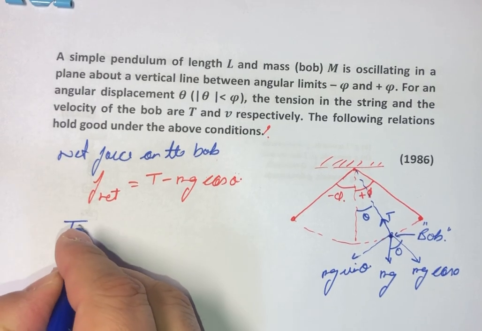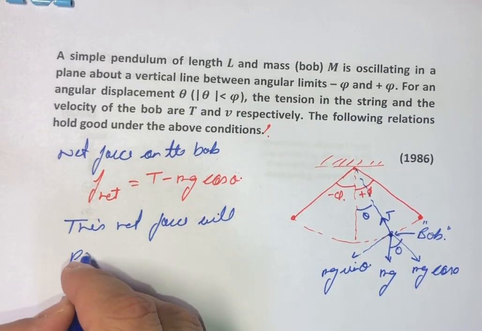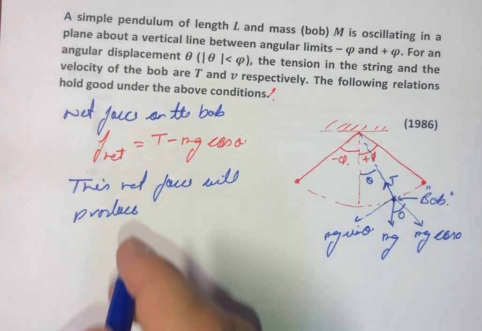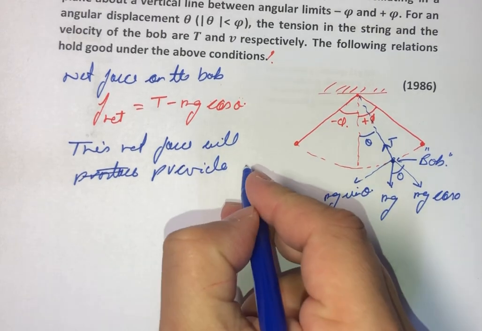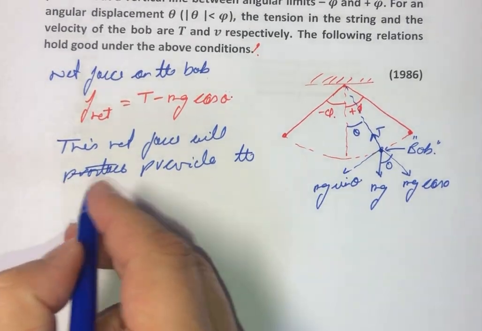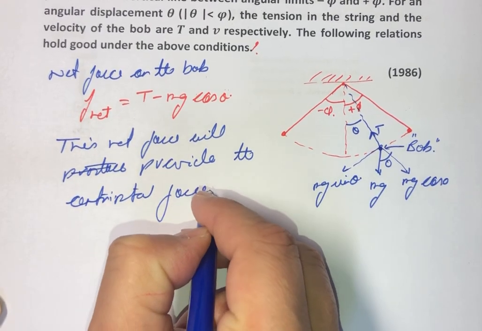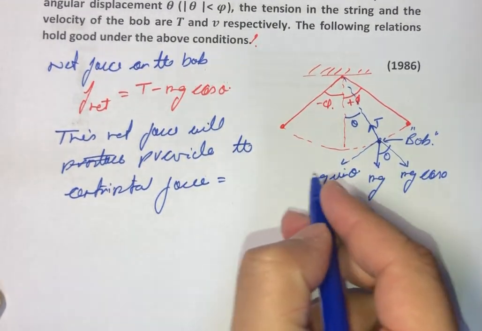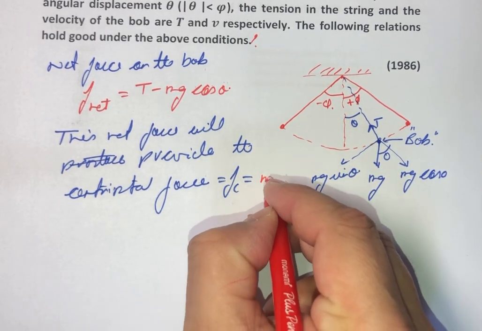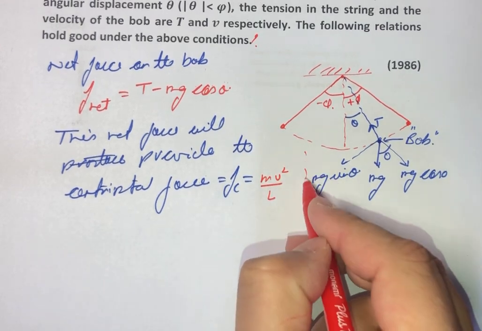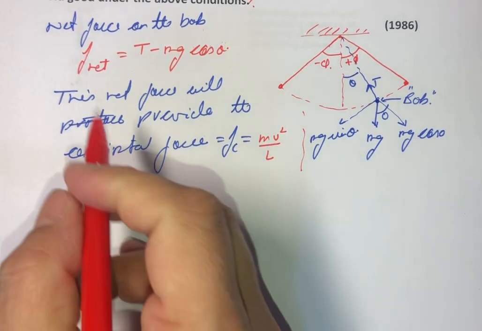You can see this net force will provide the centripetal force, which is, let us suppose, given as Fc, and Fc will be given as mv square upon L. Therefore, we can say that our F net is equal to Fc.